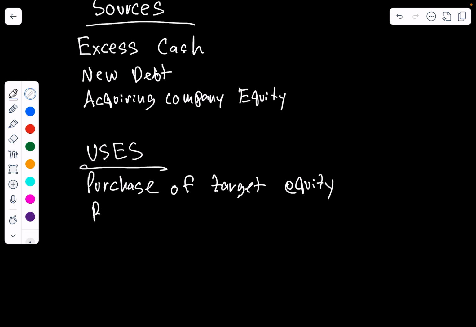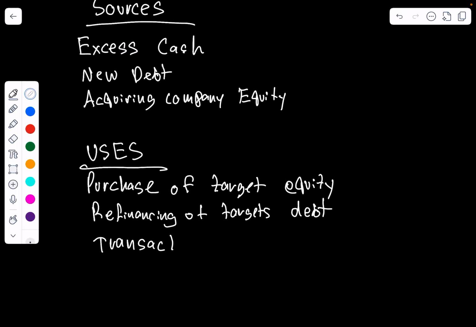So this is the refinancing of the target's debt. And then we have transaction expenses, and we have our financing fees.